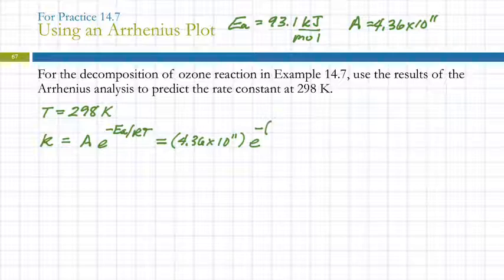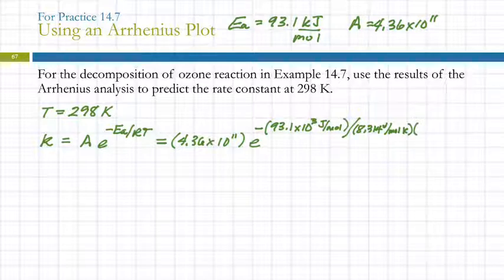So 93.1 kilo means times 10 to the third joules per mole. That's kind of an on-the-fly unit conversion. And then that's going to be divided by R times T. R is 8.314 joules per mole Kelvin, and the temperature is 298 Kelvin. And up here, all of our units cancel out.